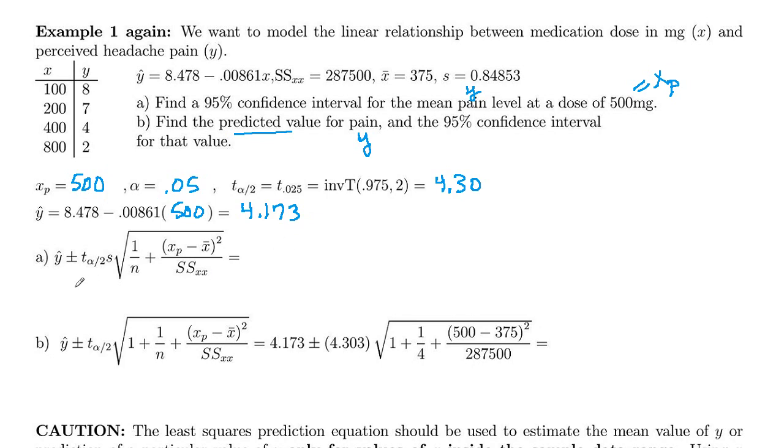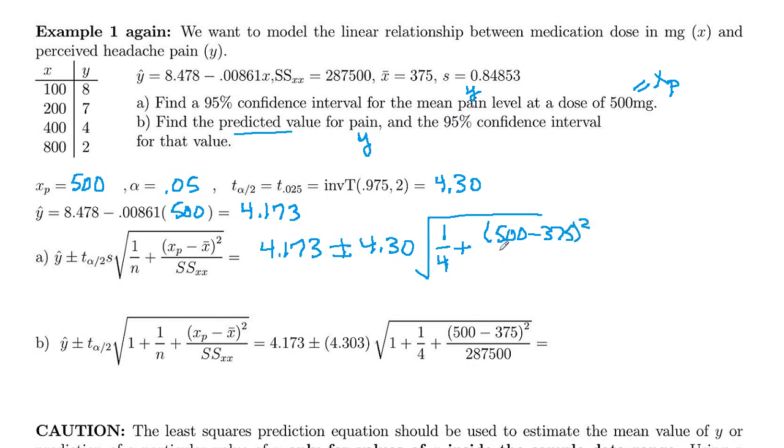And so our first interval, our 95% confidence interval for the mean pain will be our y hat value, 4.173 plus or minus 4.30 square root of 1 over n, which is 4, plus our x sub p, 500, minus our x bar, 375.